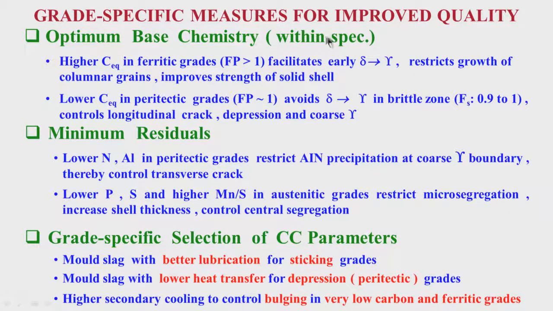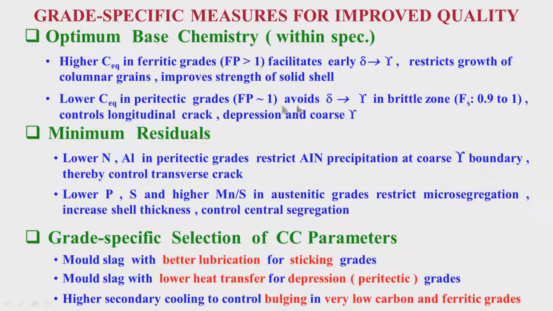Whatever I am telling is of course within specification. You cannot go to a carbon or nitrogen or manganese which is beyond specification. Obviously you should not do that. Within specification, whatever possibility is there, you can slightly adjust it. That means for very much ferritic grades you slightly increase carbon equivalent, that is the solution.